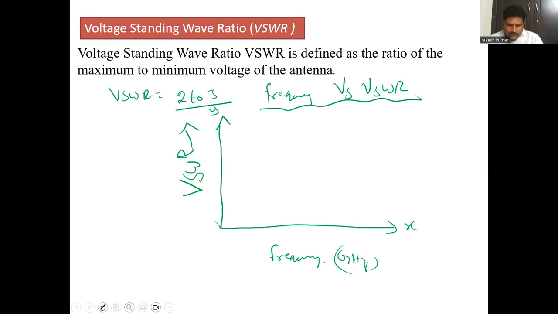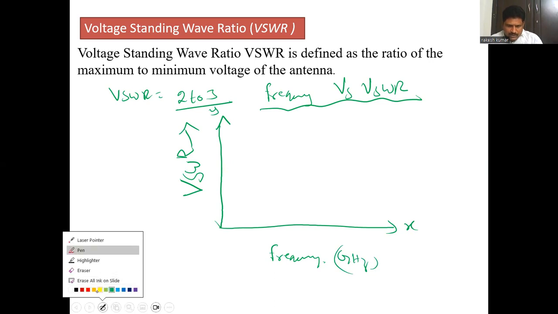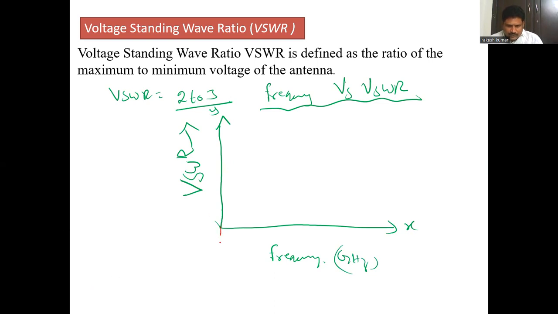Let us consider the x-axis as 1, 2, 3, 4, 5, 6, 7. The range of VSWR starts from 1, then 2, 3, 4, 5, and it may extend up to 10, 20, or sometimes 200.